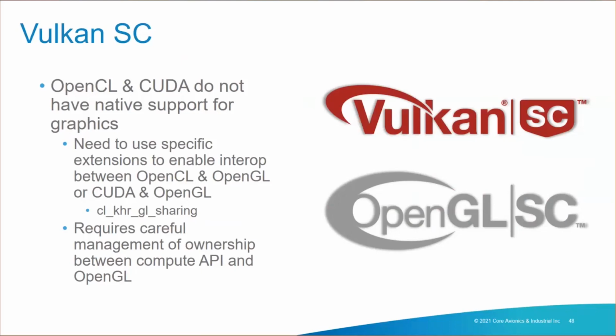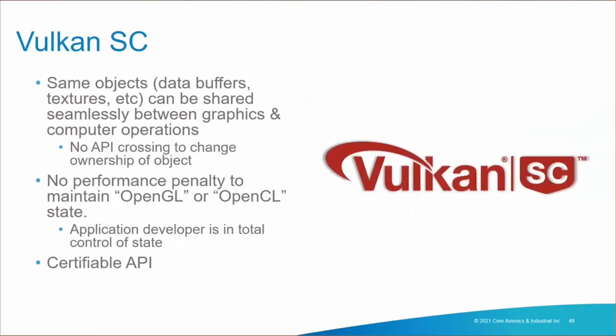Now, CUDA also has a similar approach for sharing. It has its own extensions that allow the sharing of data between OpenGL and CUDA, but there's also still this careful state management because you're crossing API boundaries that weren't originally intended to be crossed. The benefit with Vulkan SC comes with the seamless sharing of data buffers, like vertex data buffers or just general purpose data buffers and textures, between the graphics and compute operations.